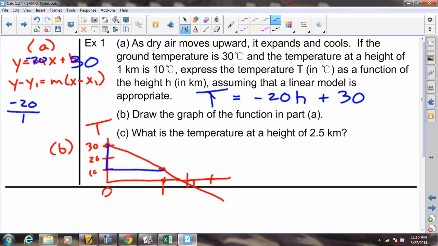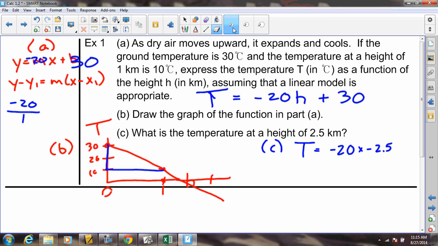We'll use that model for part C. What is the temperature at a height of 2.5 kilometers? We'll just plug it in. So temperature is negative 20 multiplied by negative 2.5. I don't know why I wrote a negative. We're going up 2.5, not down, so let me correct that. It's the positive height plus 30.